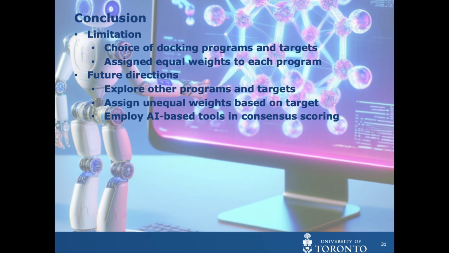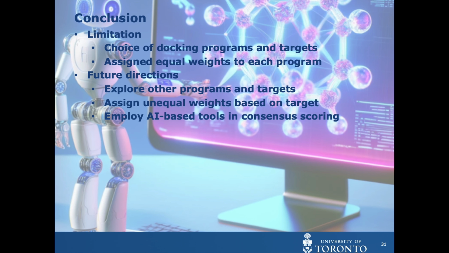The second limitation is the equal weighting of GLIDE and ICM docking scores. Depending on the target protein type, it may be beneficial to assign higher weight to the program that performs better for that specific target. To address these limitations, future research will explore other docking programs and targets to refine consensus scoring methods.